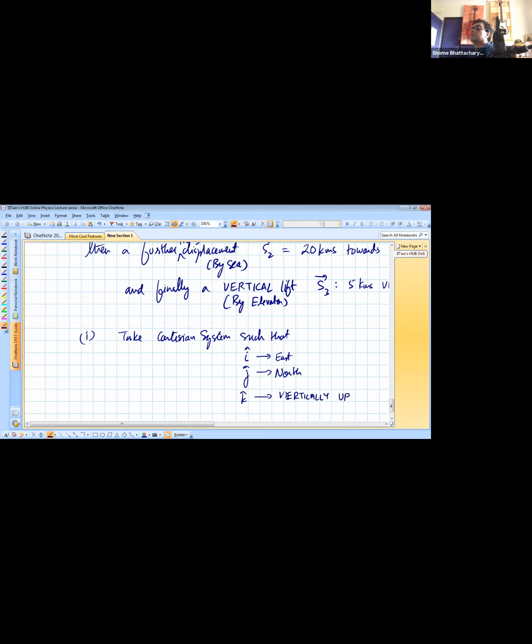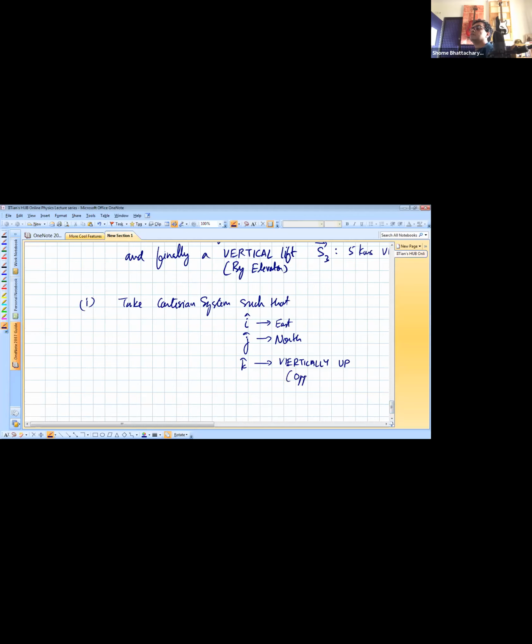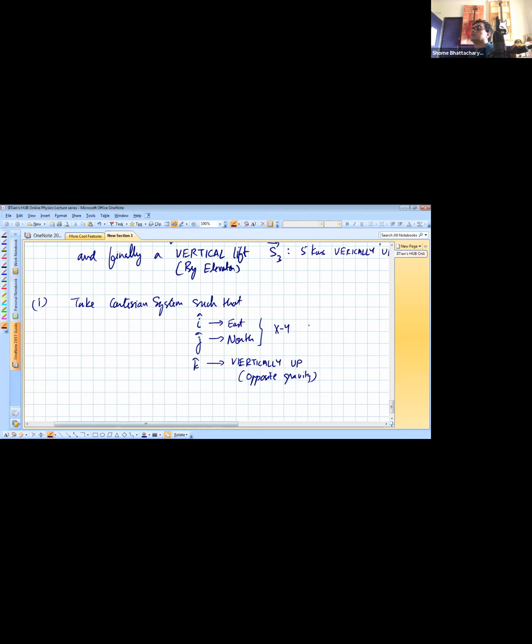So you can say vertically up means opposite gravity. And these two, so the XY plane will be horizontal. So take the Cartesian system such that this is happening and express S1, S2 and S3 in component notation.